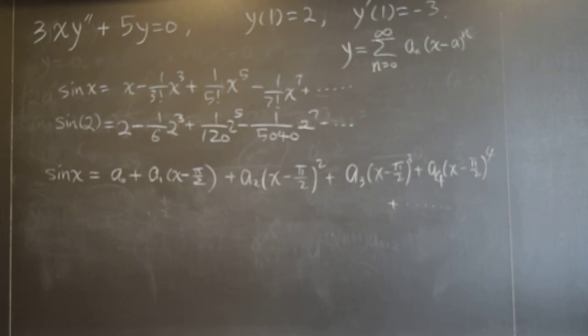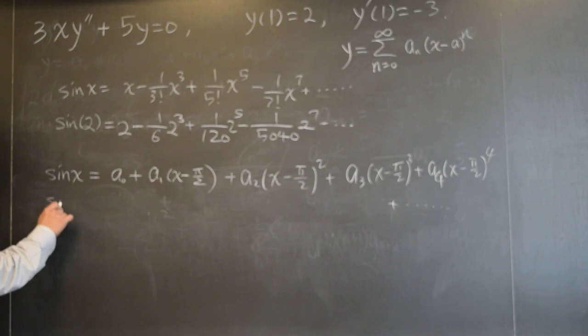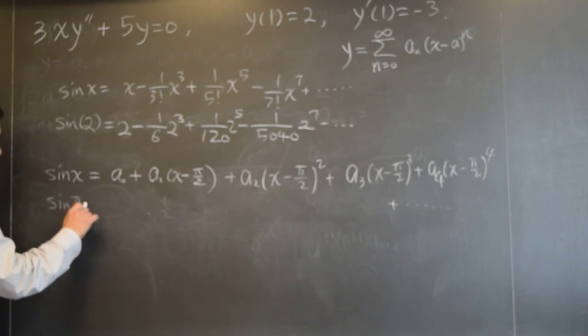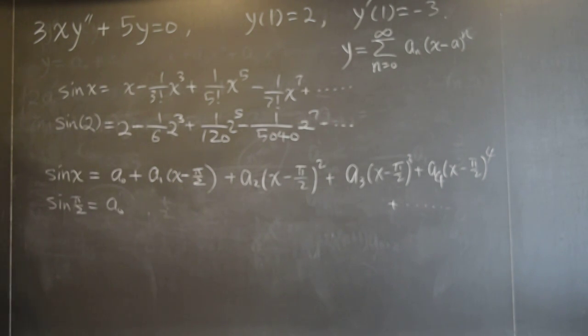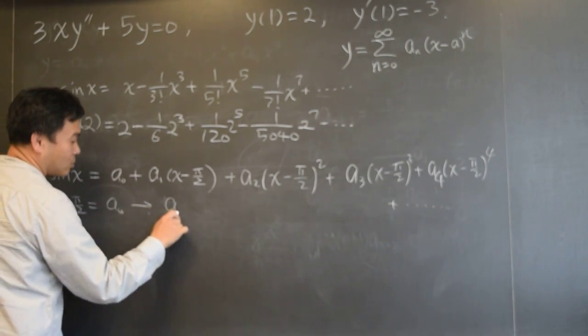How can you find a0 here? x equals pi over 2. If you plug in x equals pi over 2, sine pi over 2 will be your a0, because everything else goes away. Right? So what is a0 then? Sine pi over 2 is 1, isn't it? Yeah. So that gives you a0 as 1.